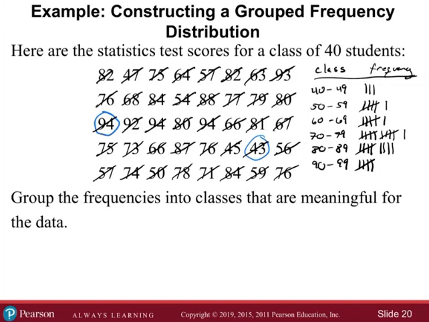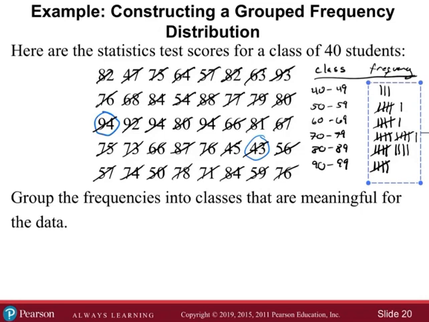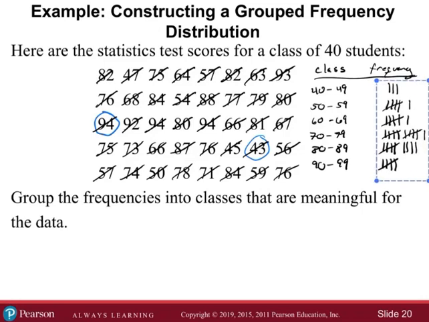I'm a little bit short on space. Here, I can move it a little bit more. Okay.